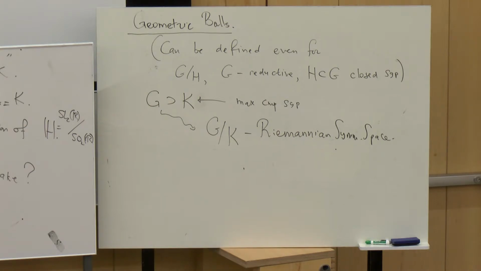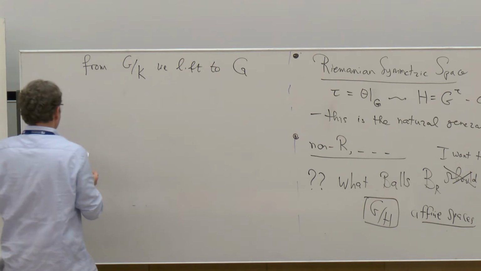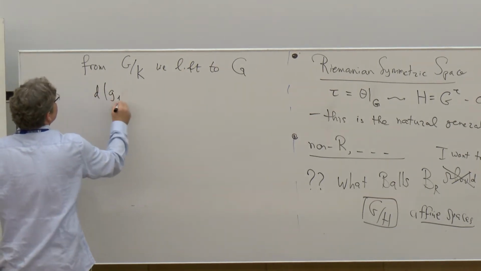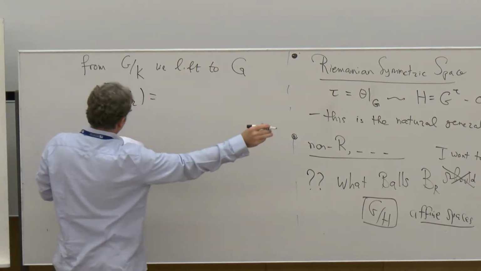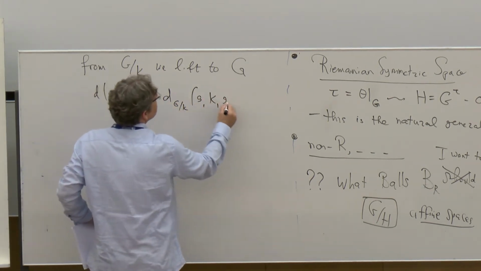So let me just say this. From G mod K, we lift to G. The distance between g1 and g2 is just this d of G mod K of the cosets.